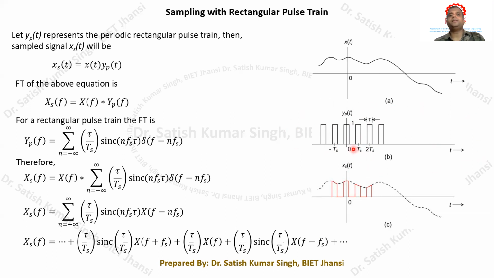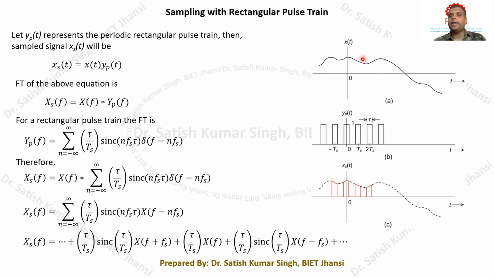So when we multiply this rectangular pulse train, because it is taking a constant value, if you multiply a constant with this waveform, you remember that during the duration of tau, whatever be the variation of the message signal x(t), the same variation is going to happen in this particular duration. So this is not going to be a constant. Obviously its amplitude is going to be decided by the amplitude of x(t), because we are multiplying x(t) with this y(t), the rectangular pulse train.